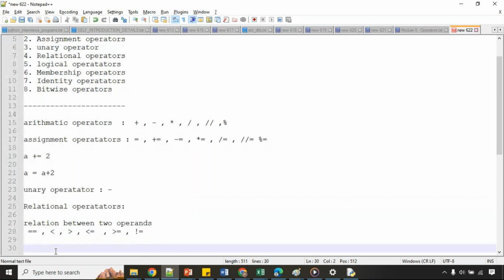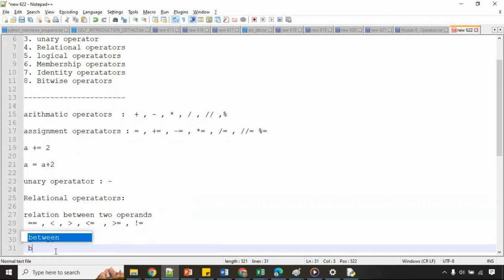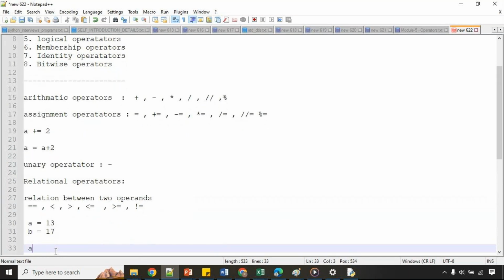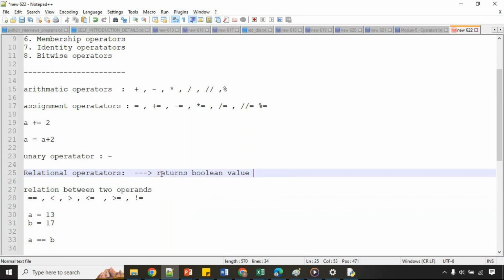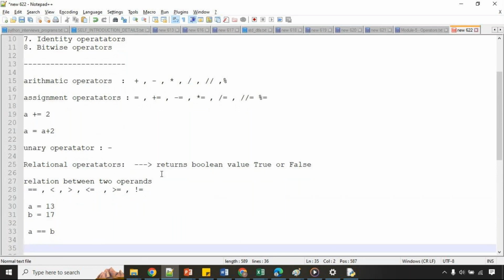So it shows the relation between the two elements, for example A equal to 13, B equal to 17, A equal to B. Remember this point: relational operators always return the Boolean value true or false.